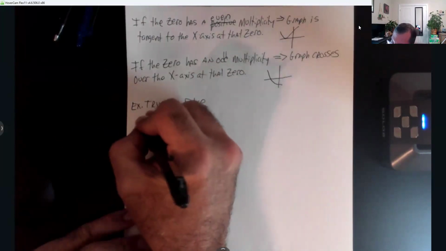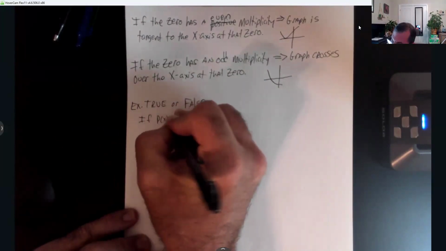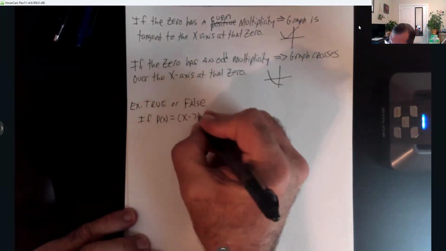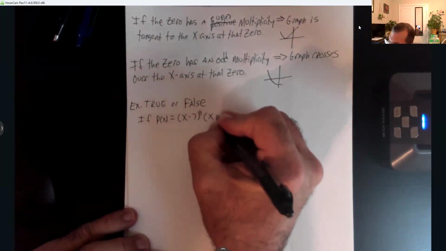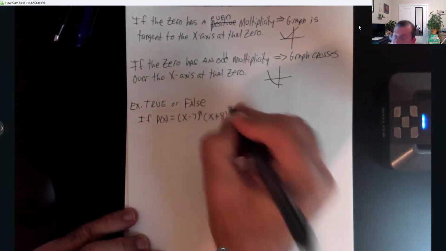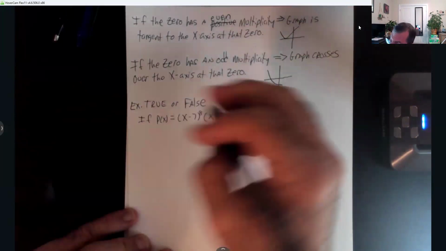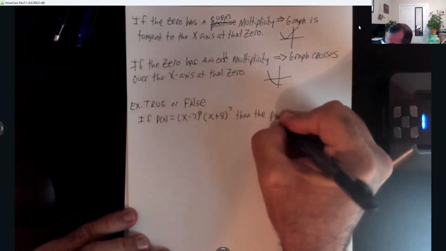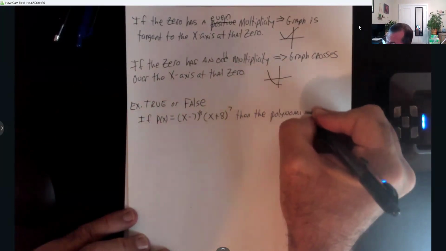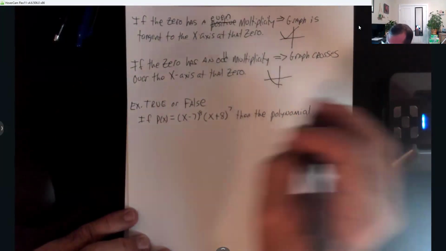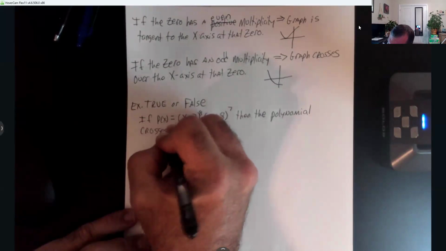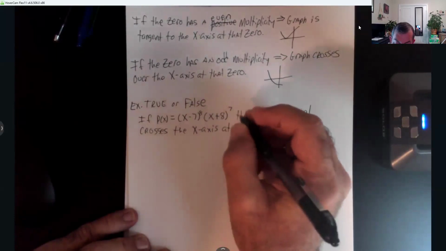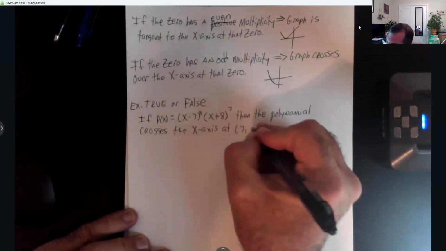So y'all, this first one: if P of X equals (X minus 7) to the 8th, and then (X plus 8) to the 7th, then the polynomial crosses the x-axis at the point 7, 0.